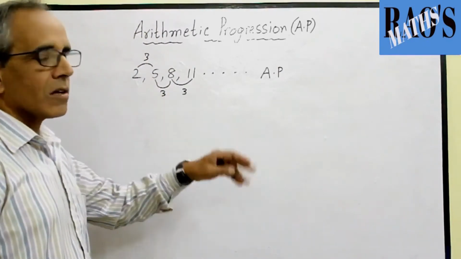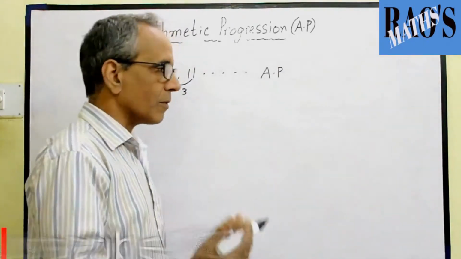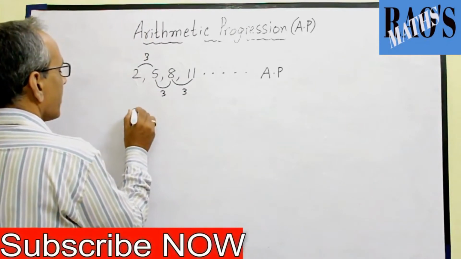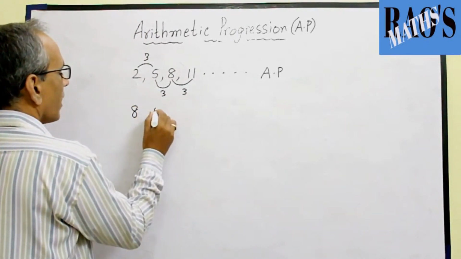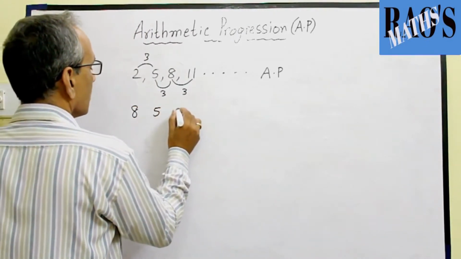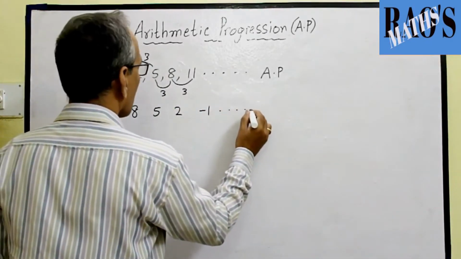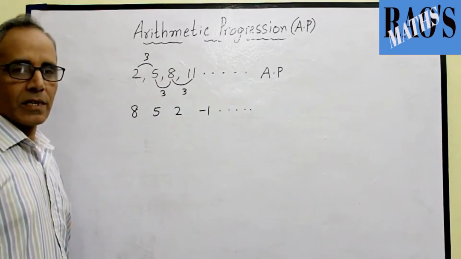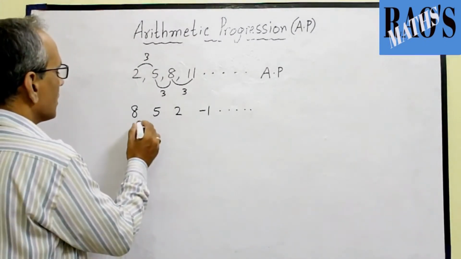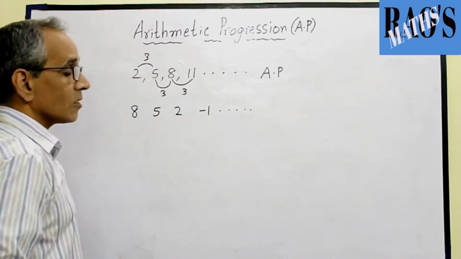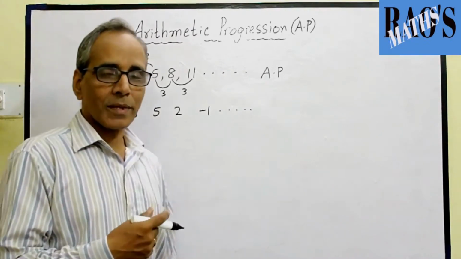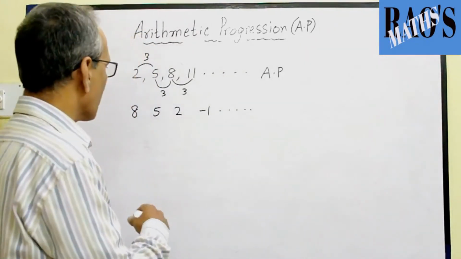It may not always increase, sometimes it may decrease too. Here is one more series, that is 8, 5, 2, minus 1 and so on. See here, the difference between two consecutive terms: we always have to subtract the former from the latter.